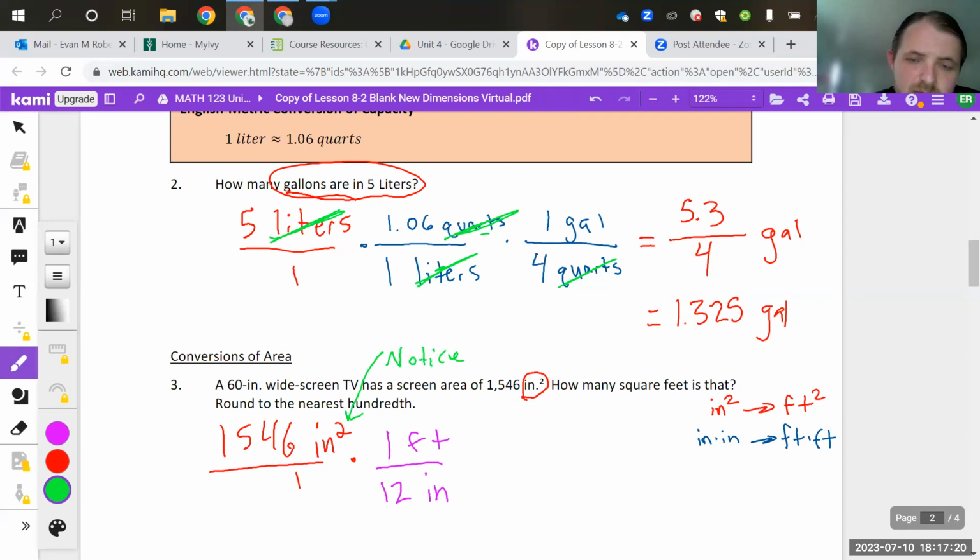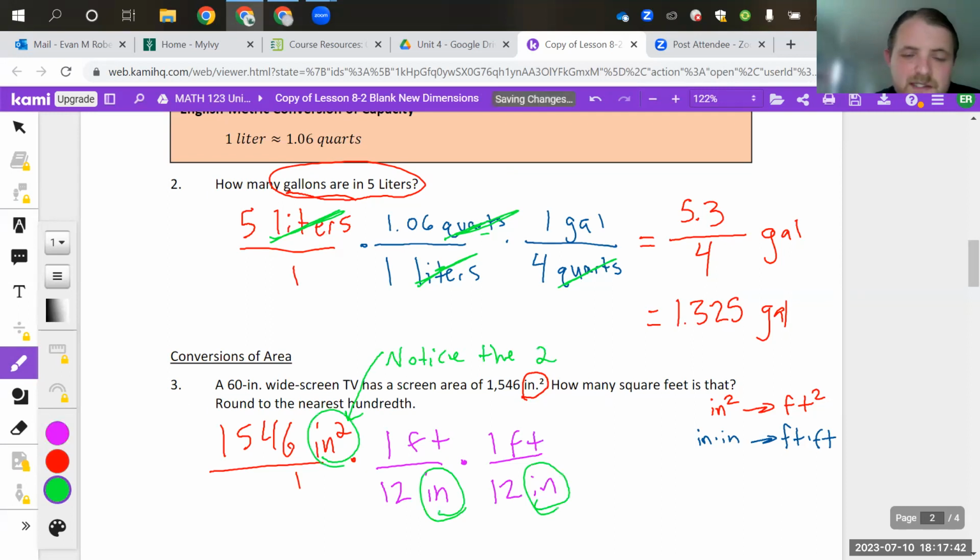Notice that 2. So the purple fraction is not enough on its own. You actually need a second purple fraction of 1 foot for every 12 inches, because now you've got inches on the bottom and inches on top that will then cancel out.